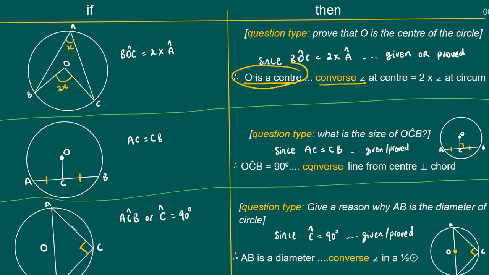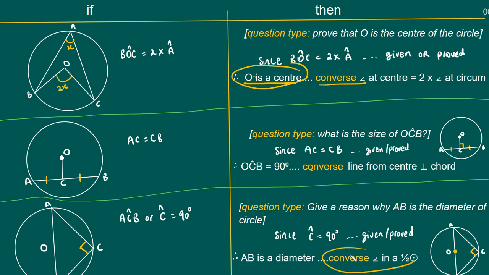And then if you so happen to find this situation here whereby you have a 90 degree angle already, then you conclude that AB is a diameter. You conclude that since the angle C is already 90 degrees, then AB must be a diameter because it's only true if AB is a what? A diameter.